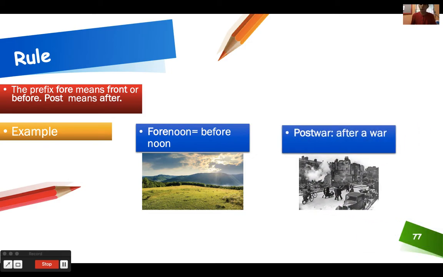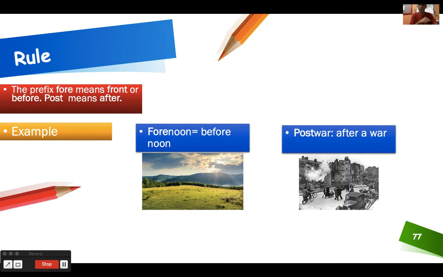Then we have postwar. After a war. War is an action when, I don't know, two countries fight against each other. Okay, that is a war. And postwar is the period that happens after the war, when the war ends. As you can see in the picture, this is a place where a war was fought, and postwar is when the war is done.